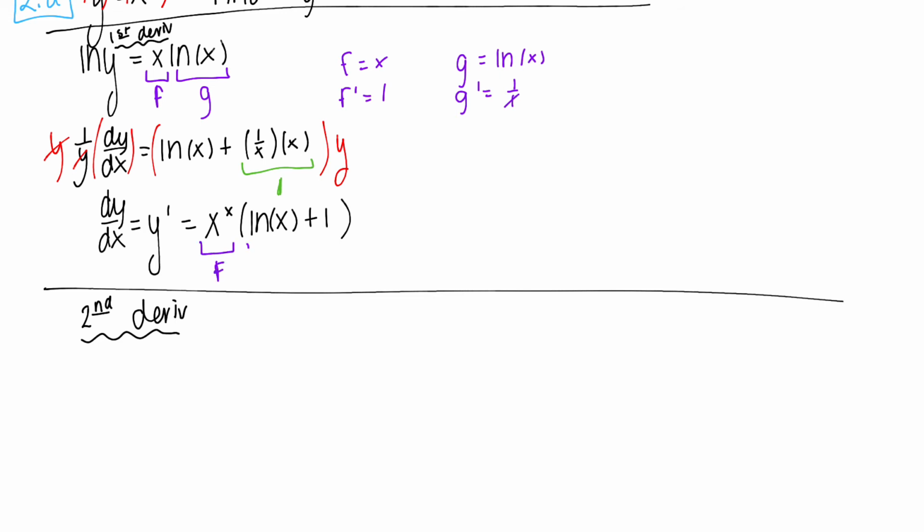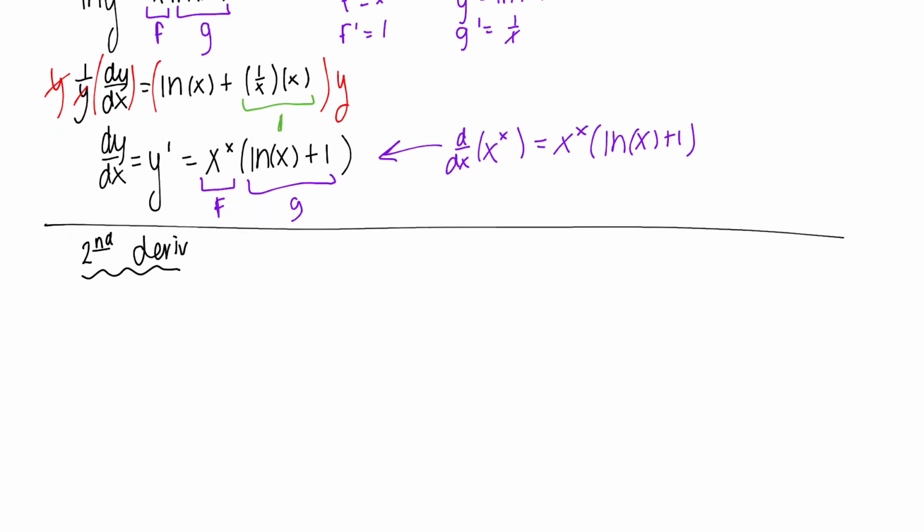You have to do f and you have to do g. But this whole thing here is the derivative. The derivative of x to the x is x to the x ln x plus 1. That was the derivative you found in the first place. So when you go to do product rule here, you don't have to find x to the x again. You don't have to do that.